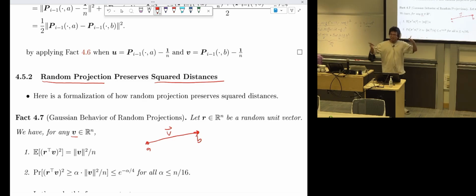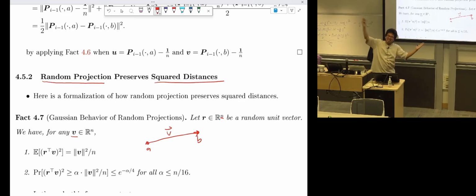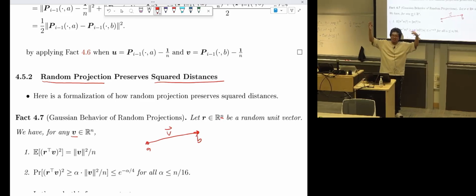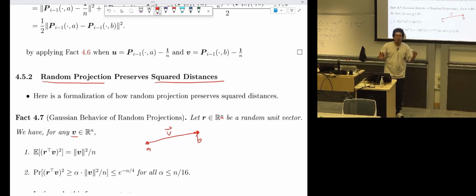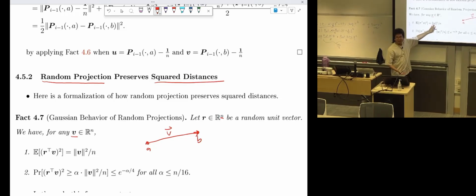That makes sense because you are living in n-dimensional space and you project it down to a one-dimensional space, so everything is scaled down by a factor of n. If you ignore this scaling factor, morally this says that the norm square of each vector is preserved in expectation. So in expectation, things are really the same.